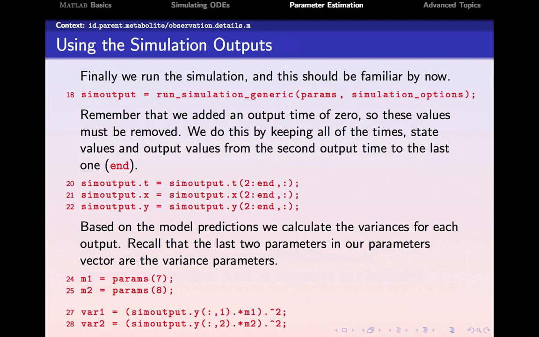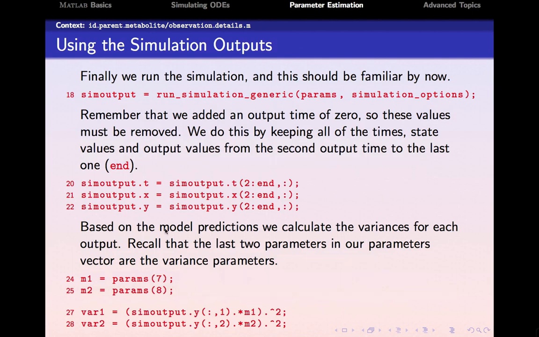Okay. So after we've created our simulation options and we've got our params that were sent into this file, we're going to run our simulation. So we run it and then we store the information in sim output. Now remember that our times have an extra time, right? So we have our observation times and we also have time 0, but we have no observations at time 0. So what we need to do is remove the first observation time, and we also need to remove all of the states and outputs that correspond to that as well.